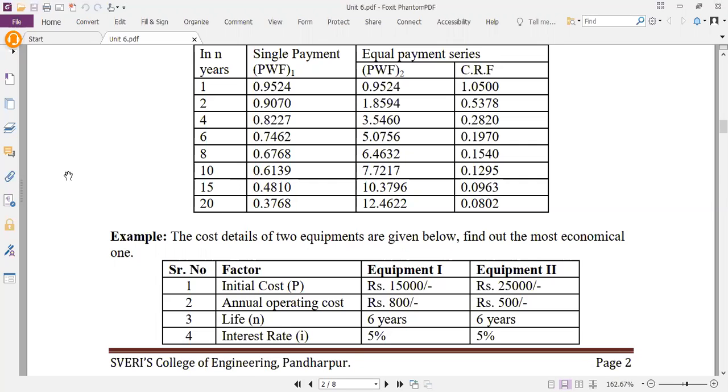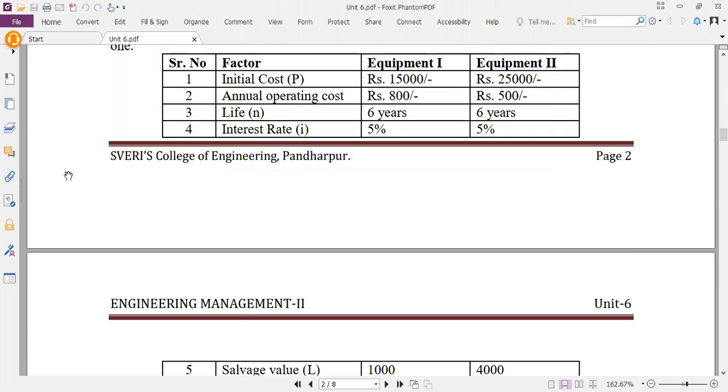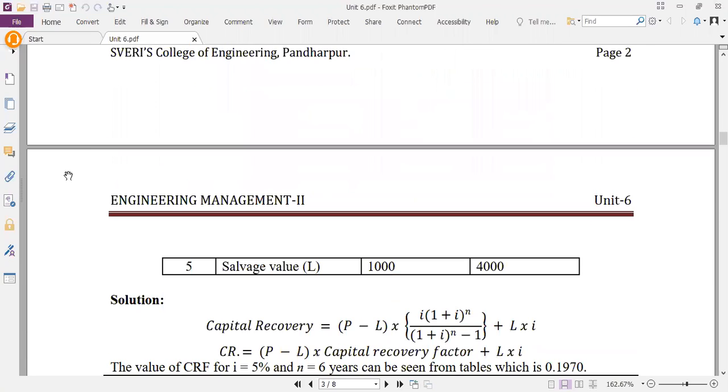Otherwise, we have to calculate different ones. Then salvage value is given: 1000 rupees for equipment number 1 and 4000 rupees for equipment number 2.